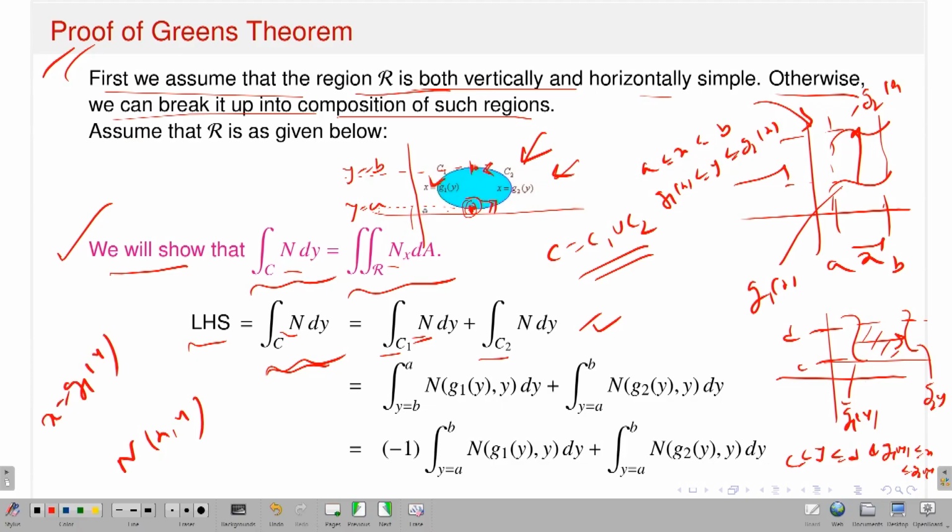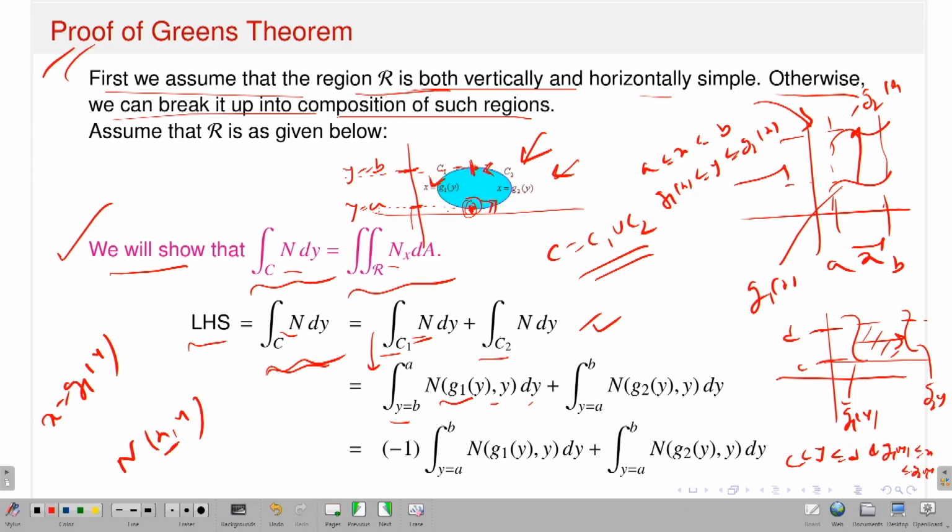Here y is a and y is b, so C1 starts from y equal to b and ends at y equal to a, and x takes the value g1 of y, because my C1 is x equal to g1 of y. You can think of that as a parameterization of the curve C1. So this integral turns out to be the integral over y from b to a of capital N of g1 of y comma y dy. That's perfectly all right.